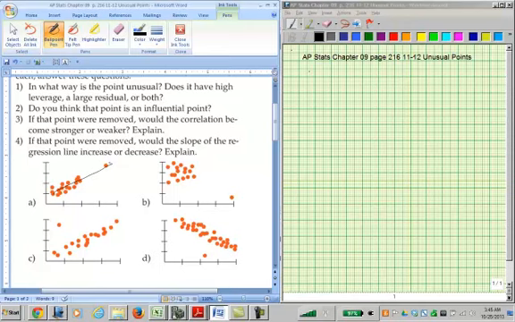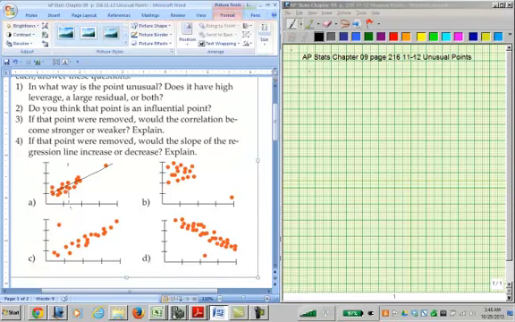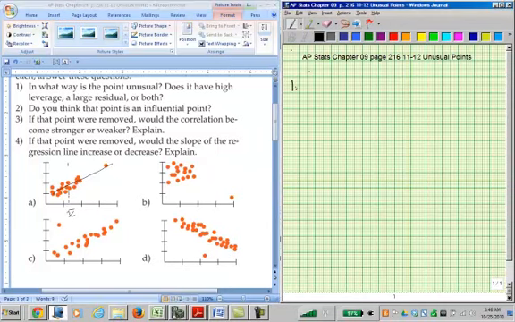Okay, so the first question is, how is it unusual? Well, here is where approximately the mean of the x-coordinates is, right about here. In other words, the center of the majority of the points is where the mean of the x-coordinates is. So, in number 1, how is it unusual?